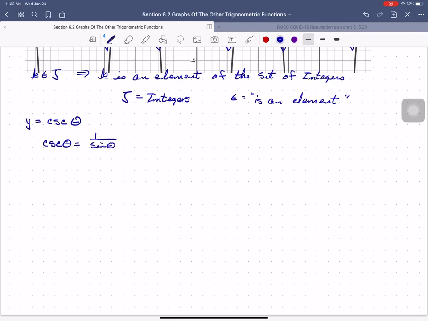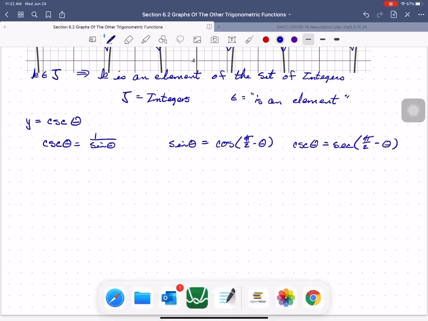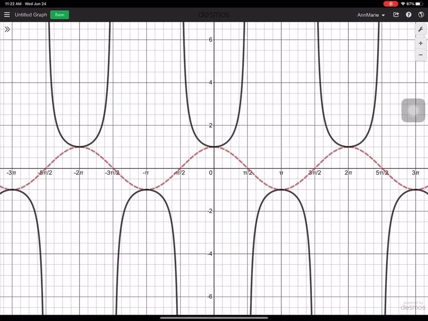And we remember that sine is a horizontal shift of cosine, and in fact, cosecant is also a horizontal shift of secant. So let's take a look at the graph of cosecant.